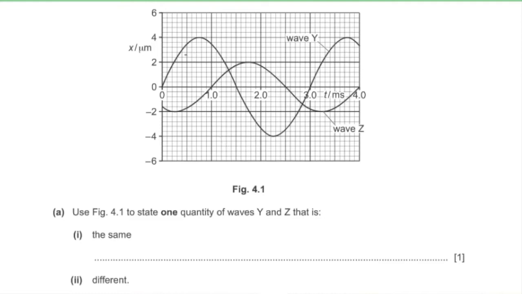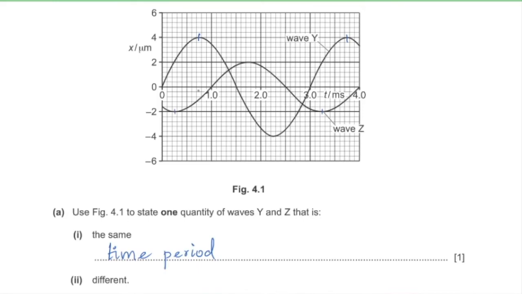So it's going to be the time period, which seems to be the same, and you can try to validate that, because time period is the time taken for a complete wave. For wave y, it's going to start from here and finish right here, and for wave z, it's going to start from here and finish right here. So the difference in these 2 points and the difference in these 2 points is basically the time period.